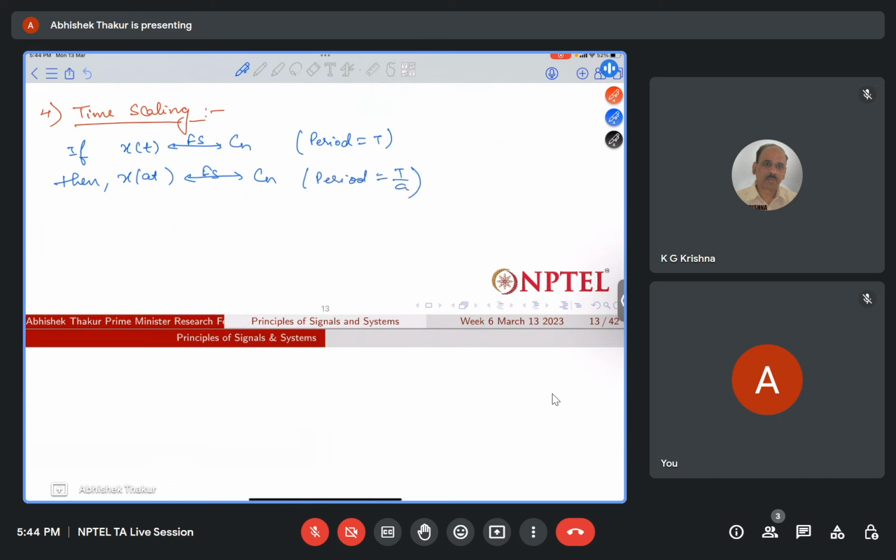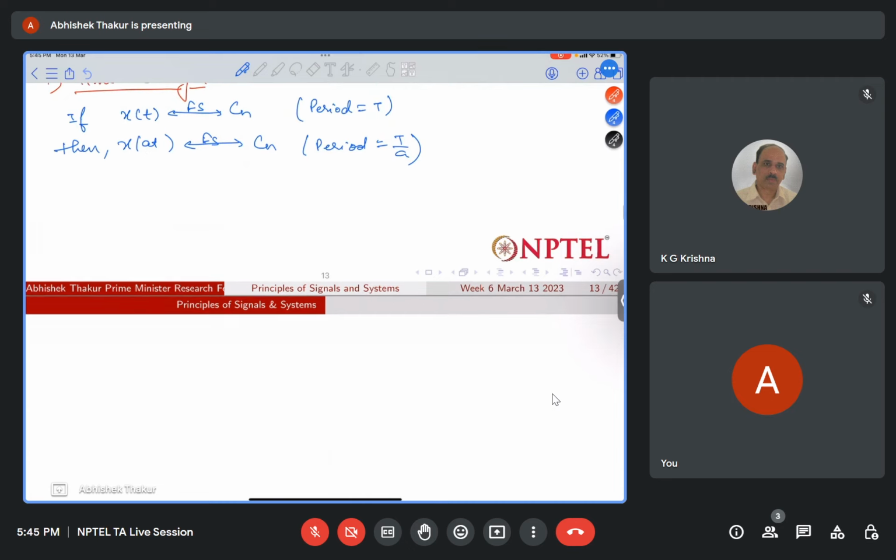The period will also change when we scale the signal, because in the integration it will change. We can do the proof also. The Fourier series coefficient of x of at can be given as 1 by t by a, integral from 0 to t by a of x of at e to the power of minus j n omega naught at dt. After that, let's assume at as tau.